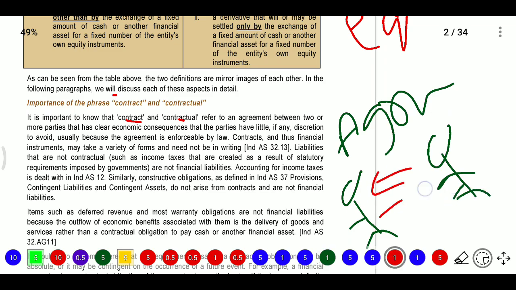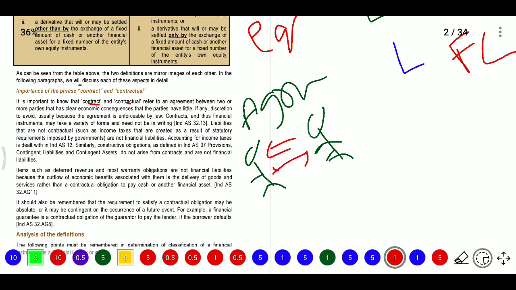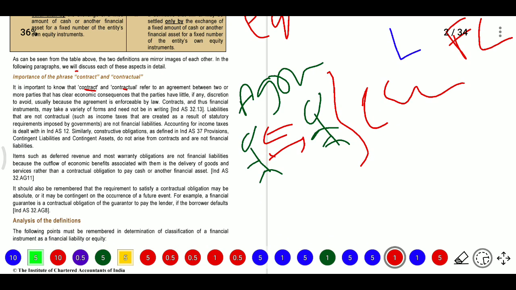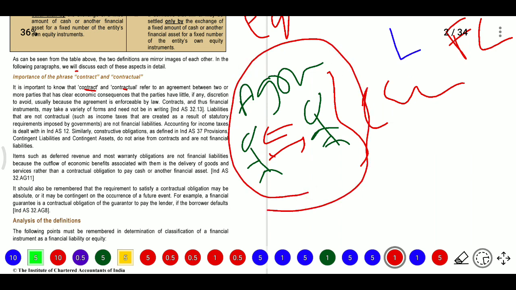They have clearly mentioned the economic consequences that the parties have. The agreement is enforceable by law, so this agreement will be enforceable by law.